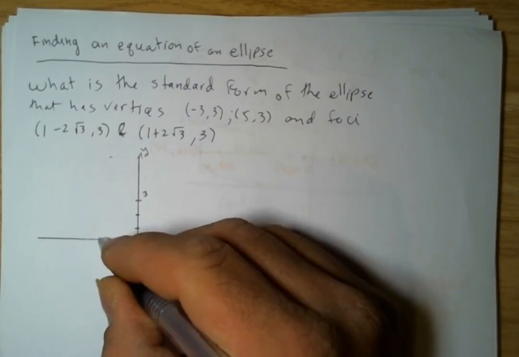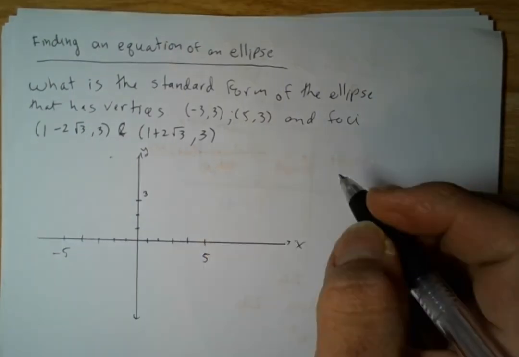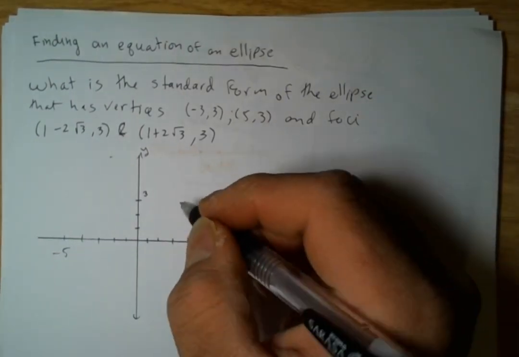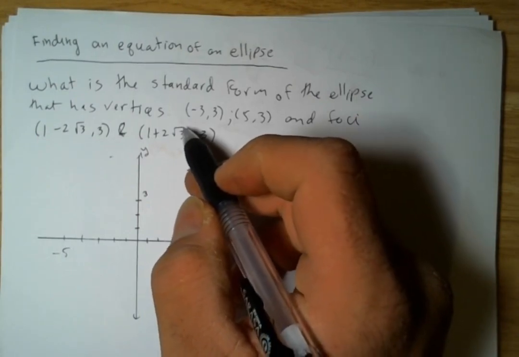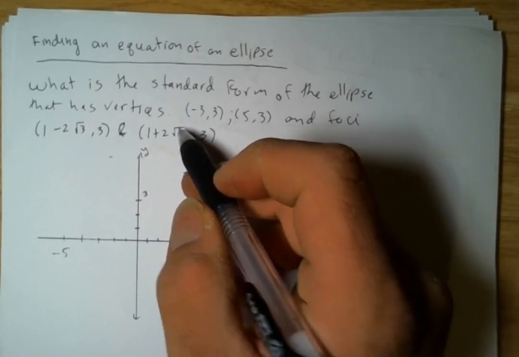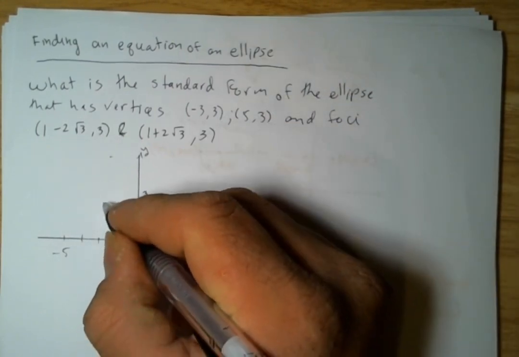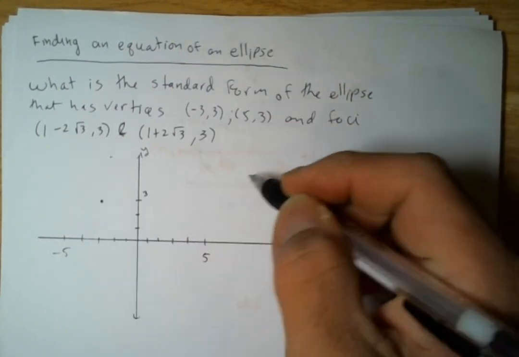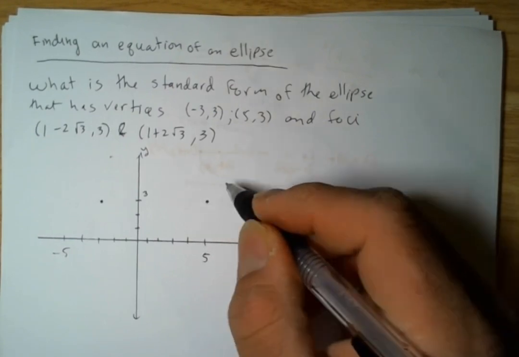The vertices are the ones along the major axis. The co-vertices are the ones along the minor. So (-3, 3) is somewhere around here, and another one is (5, 3), somewhere along here.